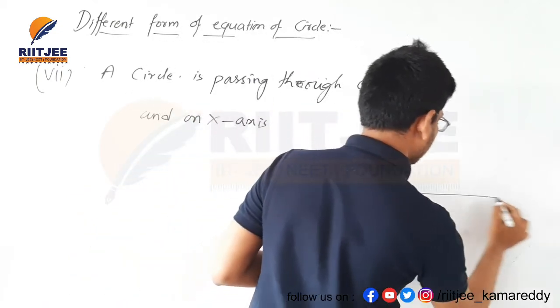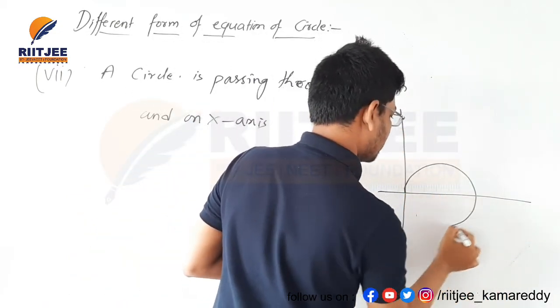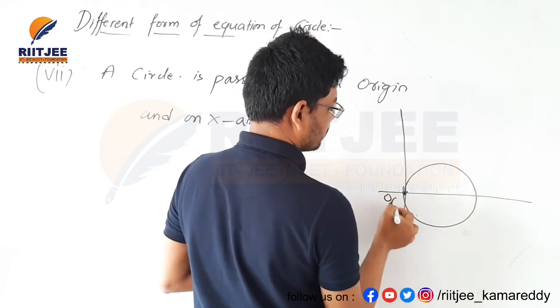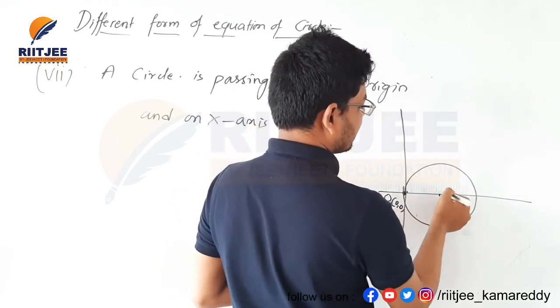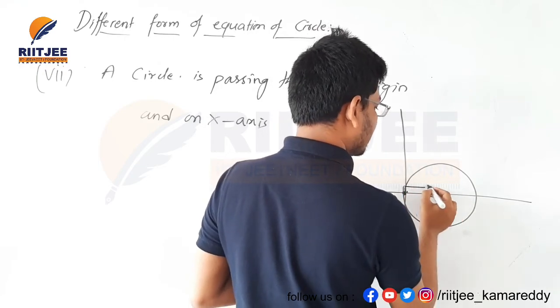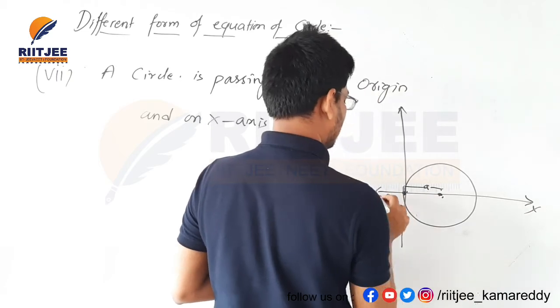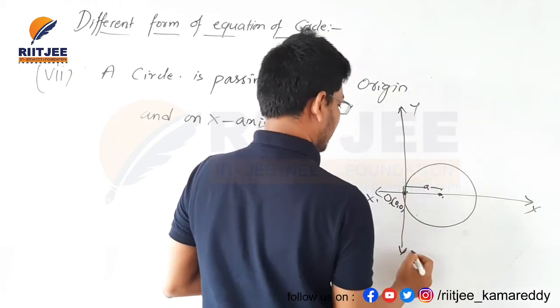Let's see the diagram here. A circle is passing through origin 0, 0 and touches the x axis. The distance is a and the radius is a here. This is x dash, y dash.